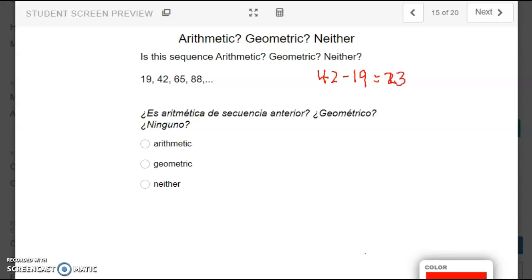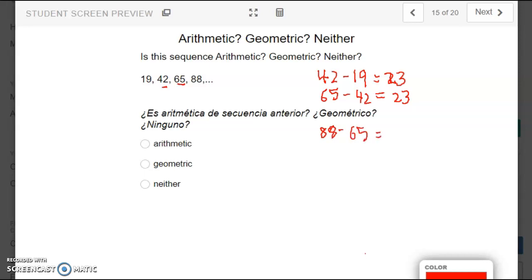Then what about the third term? Take away the second term. 65 take away 42. If it is arithmetic, that means the difference is going to be the same. 65 minus 42 is also 23. So those two check out. What about 88? Take away the previous term, which is 65.